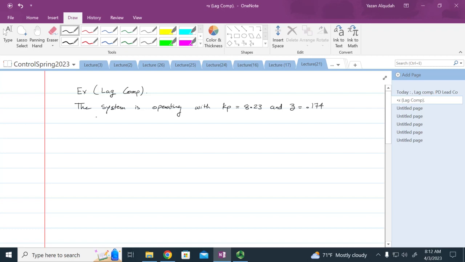And we're going to design a lag compensator to improve the steady state error by a factor of 10. Okay. So this example we've done before.